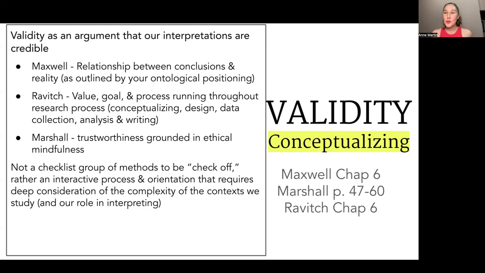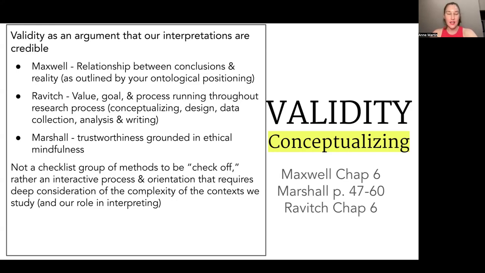But it's important to understand that no matter the particular method that you use in terms of what you are calling this construct of validity, it's not a checklist of methods that you can just tack on to the end or that you can check off and then therefore your study is valid. It's not really a stagnant yes or no, but again, an argument or a continuum. We often talk about it as validity evidence.